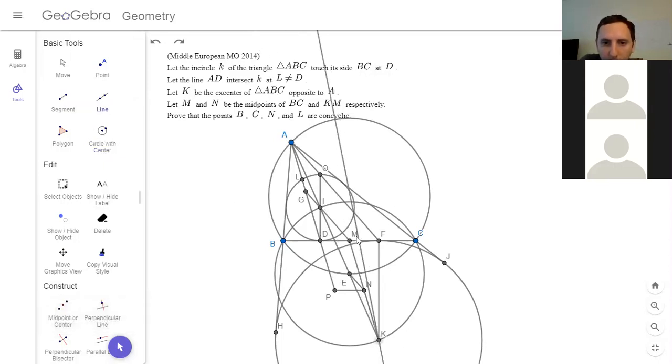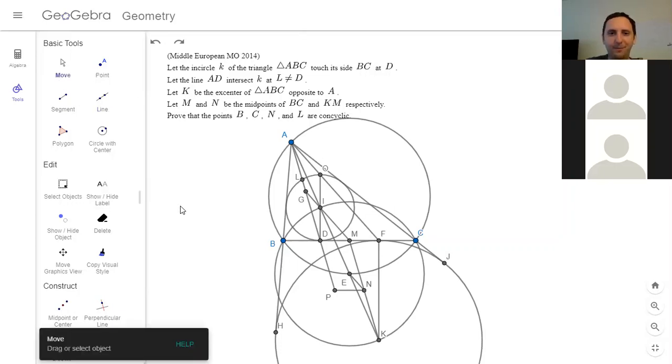Draw this. There's just a lot of structure here. I feel like it's probably enough to solve.